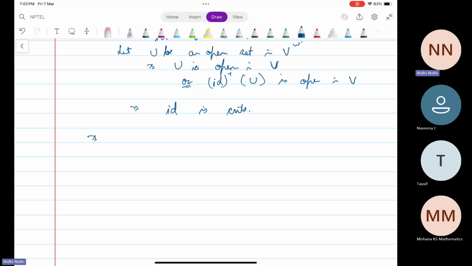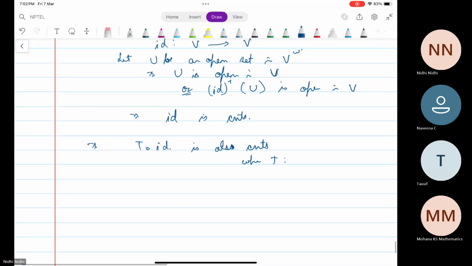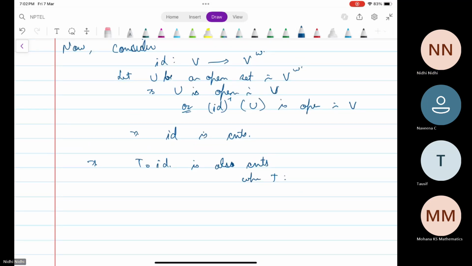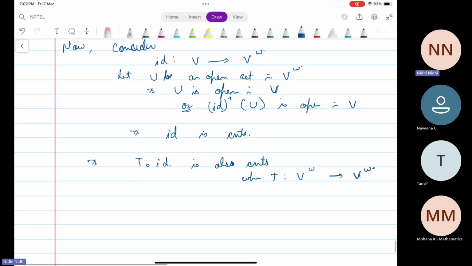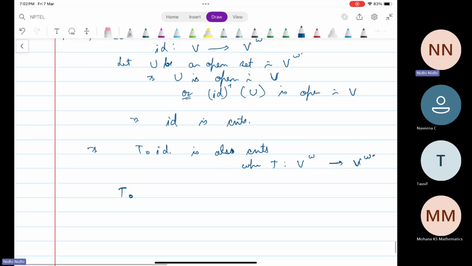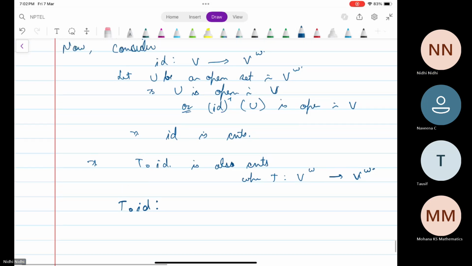This implies T composed with identity is also continuous, where this T was from V weak to V weak. We have shown earlier that this T is continuous, so the composition of T with the identity map will also be continuous. Now this T composed with the identity map is from V to V weak. Yes, continuous.